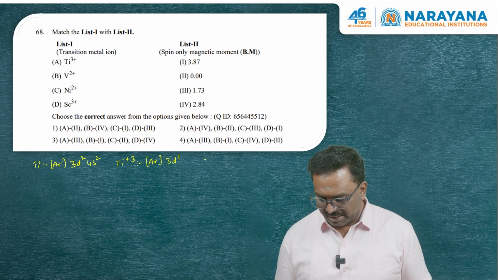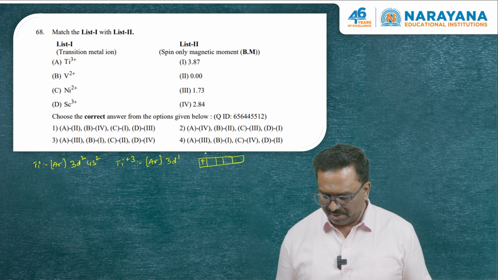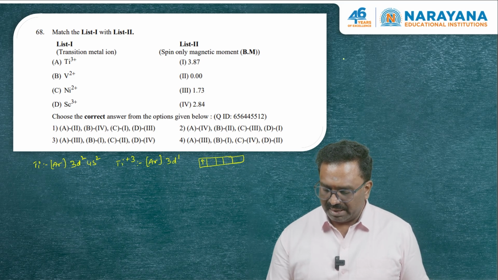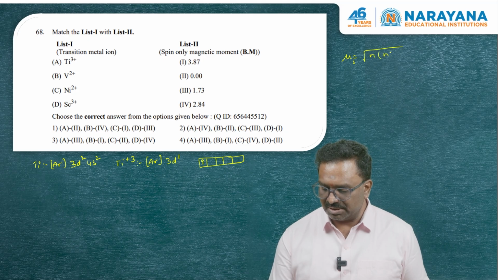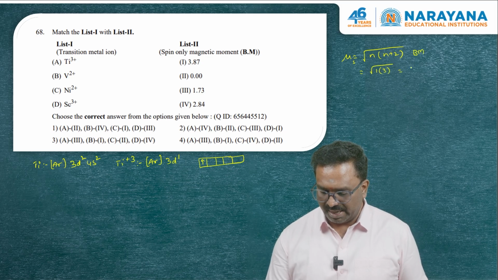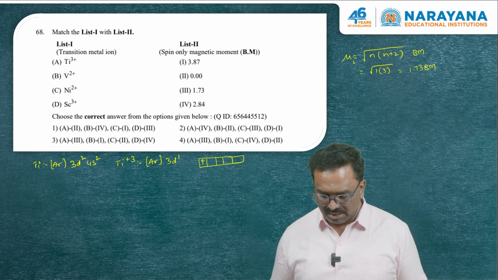So 3d1 means in the d subshell only one unpaired electron is present. The number of unpaired electrons gives us the spin only magnetic moment, which is root over n into n plus 2 Bohr magneton. Here this is 1 into 3, root 3, value 1.73 Bohr magneton, that is for Ti plus 3.